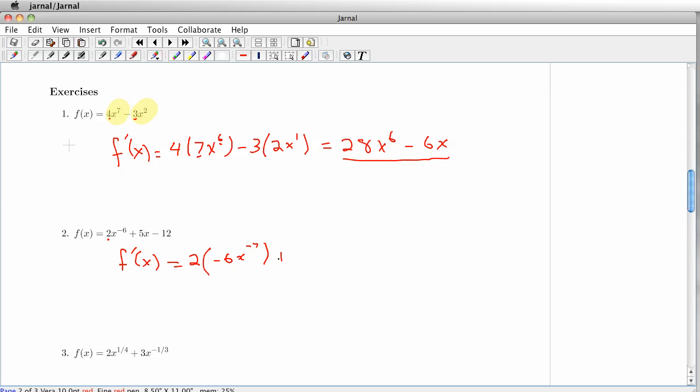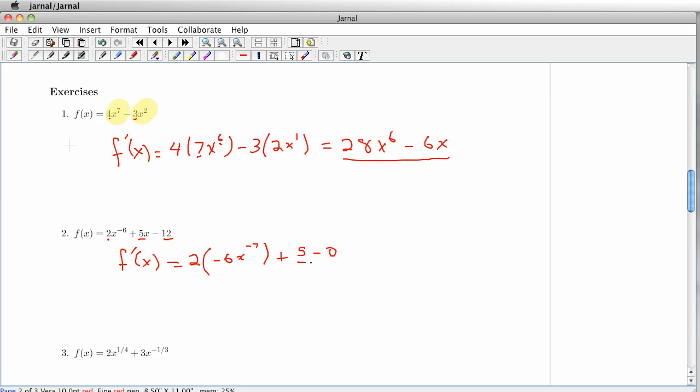Here are a couple of other terms that sometimes cause people problems. The derivative of 5x is just 5 because the power of x that was there is 1, and 1 less than 1 is 0. So the 0 power is a constant, which means there are no x's left there. This other one, this minus 12, that 12 is not multiplied by anything. That's just a constant that's subtracted off the end, and so the derivative of that constant should be 0.